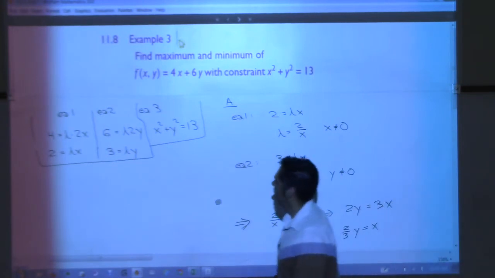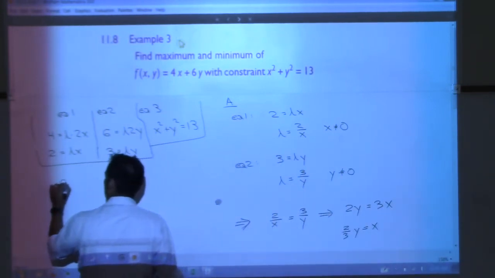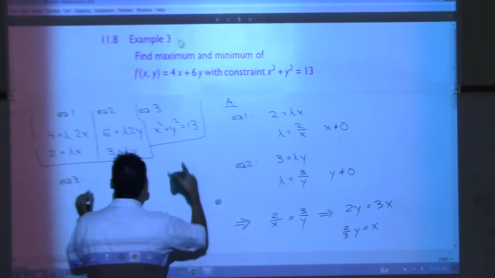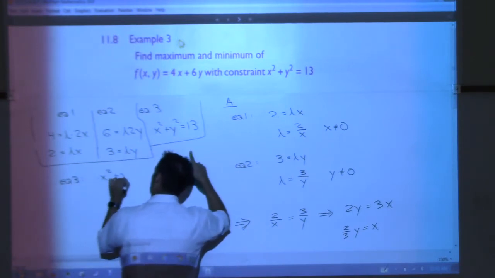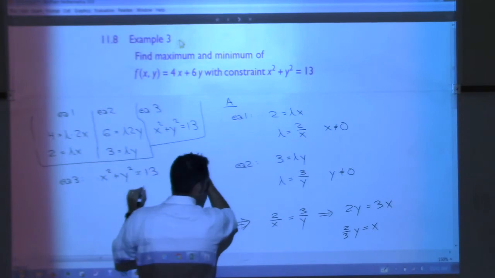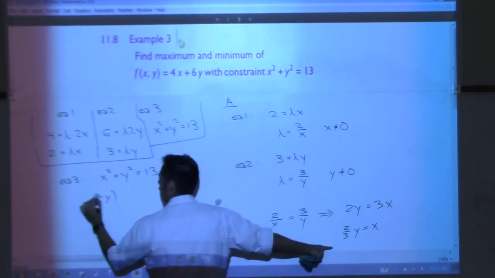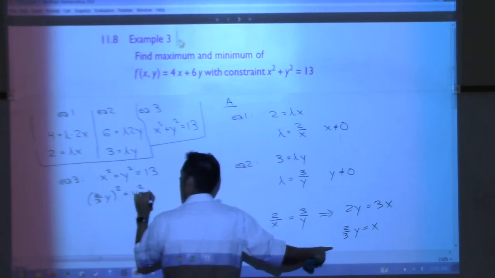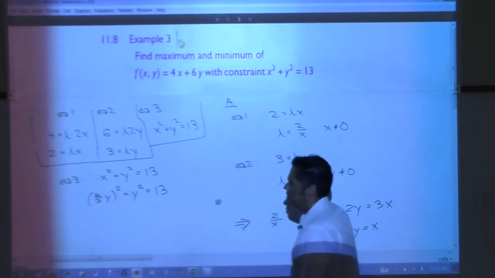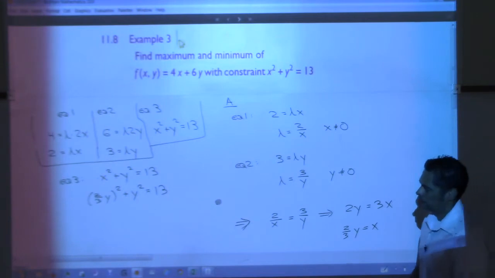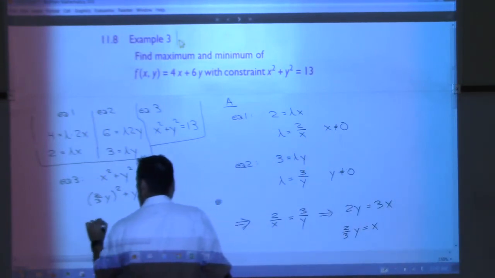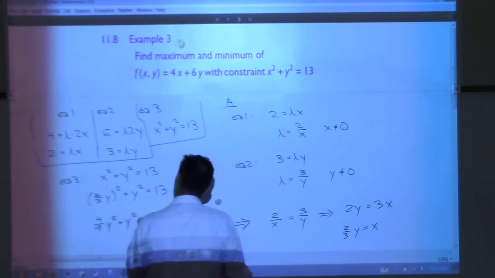All right, so now, using equation 3, I know that x squared plus y squared is 13. I'm replacing x with 2/3 y. So 2/3 y, that quantity squared, plus y squared equals 13. Let's go ahead and square that quantity up. 4/9 y squared plus y squared equals 13.